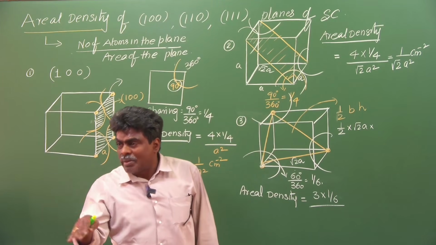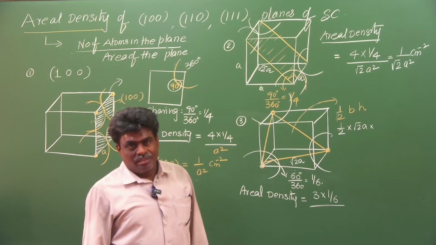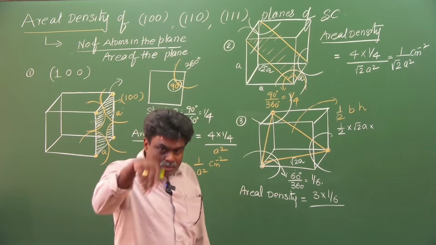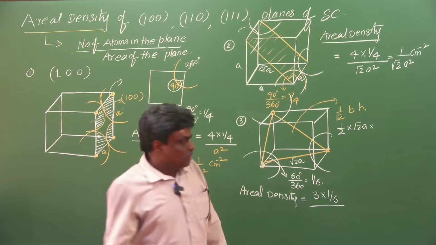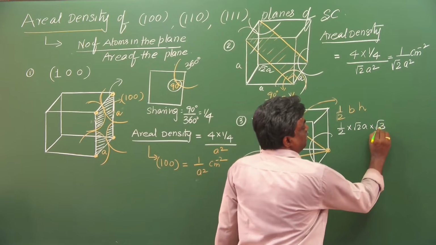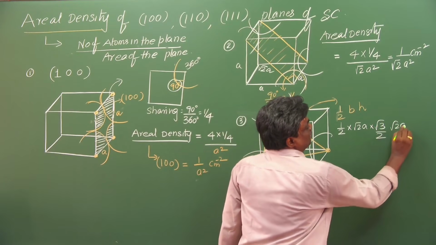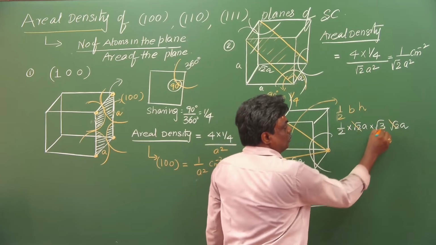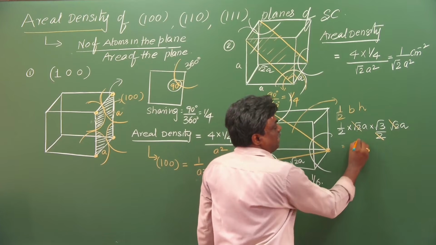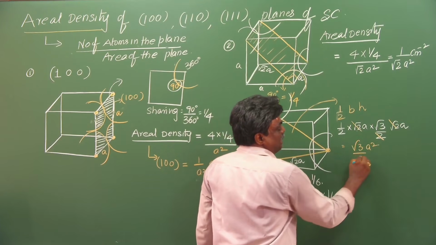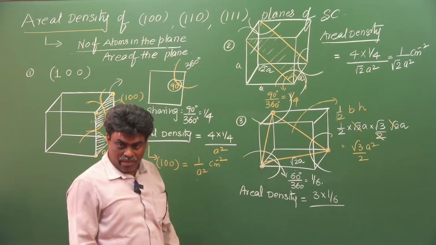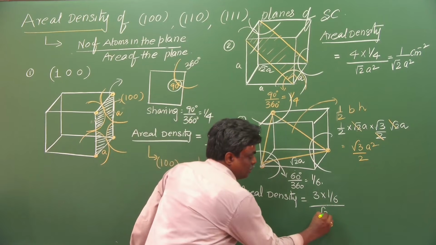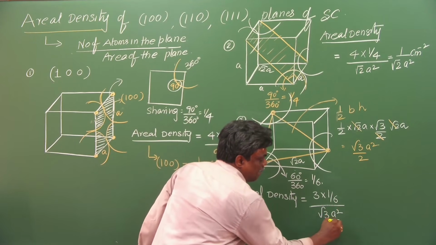Don't say root 3 by 2 A. If A is the side, then height is root 3 by 2 into A. So that's why I say root 3 by 2 into root 2A. So the final answer is root 3 A square by 2.